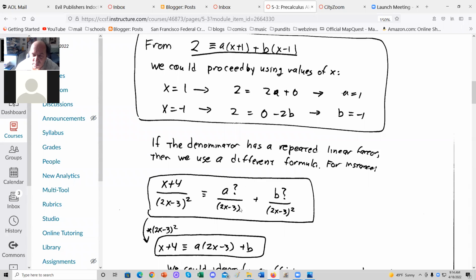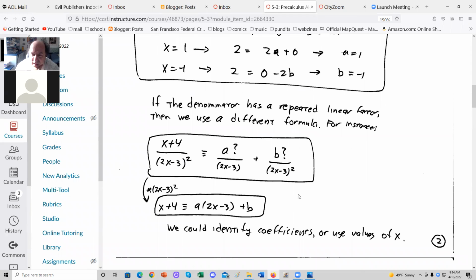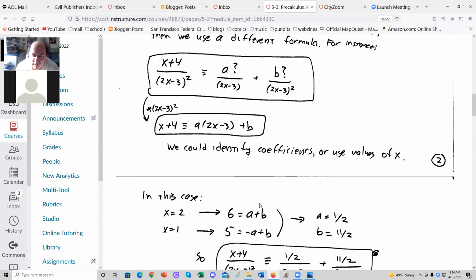If we have a repeated linear factor, such as (2x minus 3) to the second power, then we use a different form: A over 2x minus 3 plus B over (2x minus 3) squared. If you multiply throughout by (2x minus 3) squared, we get that x plus 4 is identical to A times (2x minus 3) plus B. We could identify A and B by using coefficients of x or by using values of x.